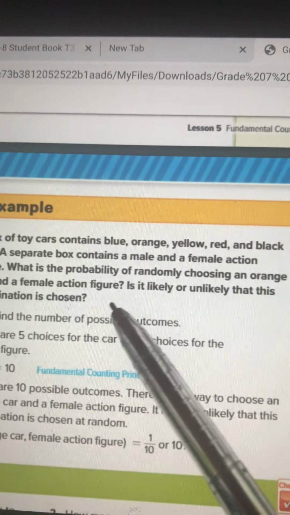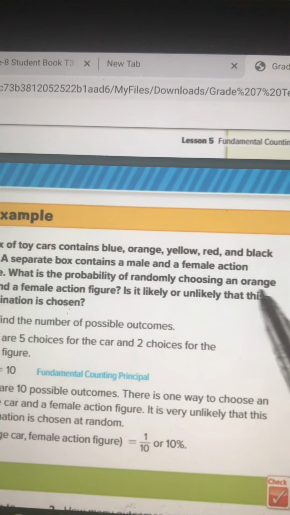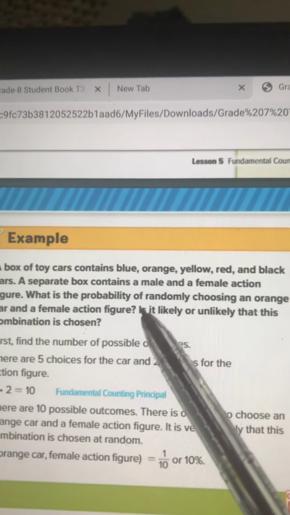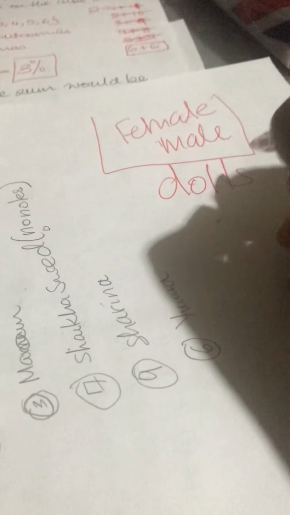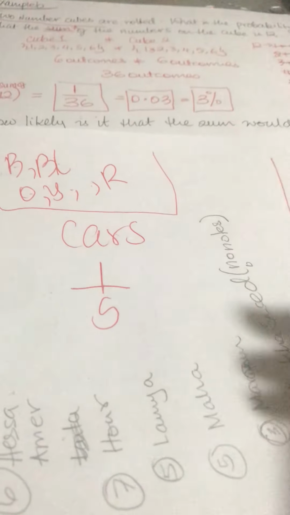What is the probability of randomly choosing an orange car and a female action figure? You only have one orange out of 5, and you only have one female out of 2. There's 2 of them, female is 1. There is 5 cars, orange is 1.